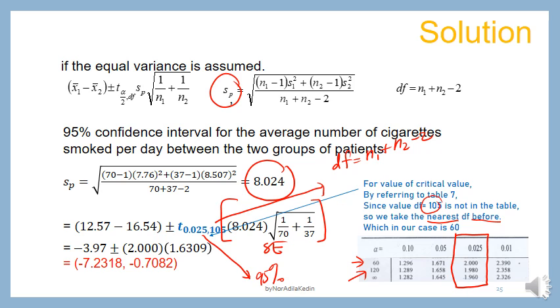Okay, cari yang paling hampir tetapi sebelum. Maksud saya, kalaulah awak ada degree of freedom 119 contohnya, dalam table ada 60 dengan 120, tetap pilih 60.